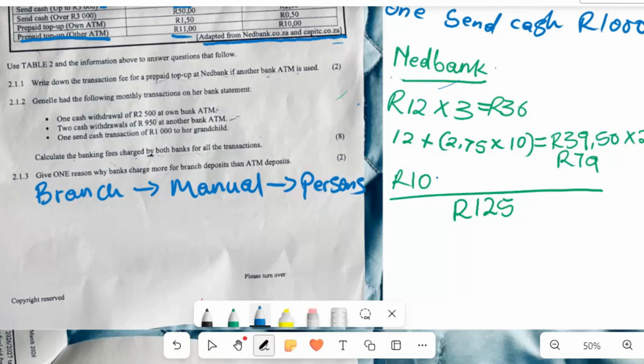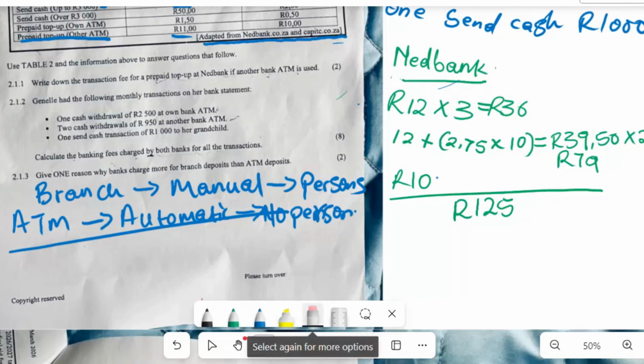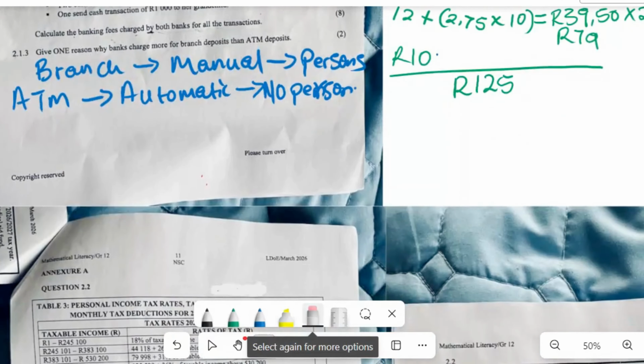And at the ATM, everything is done automatically. And there's no person that needs to be paid. Simple as that. And then you got your 2 marks.